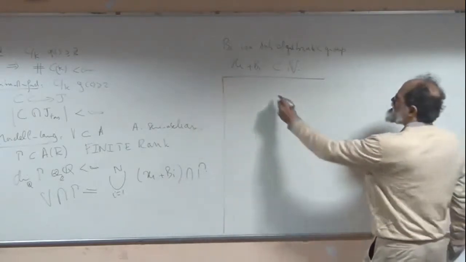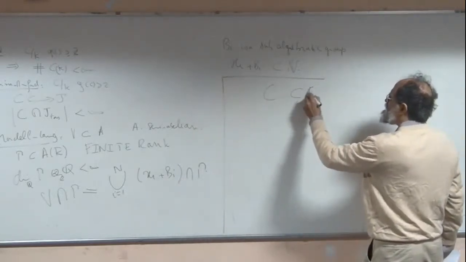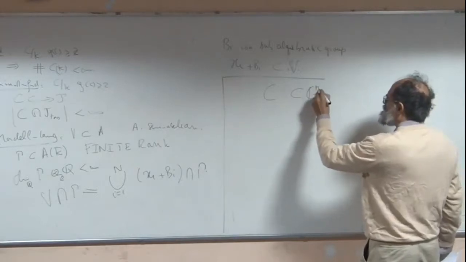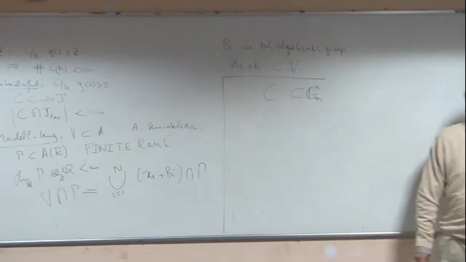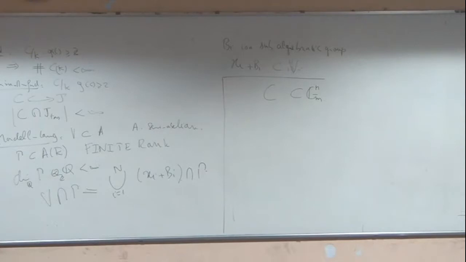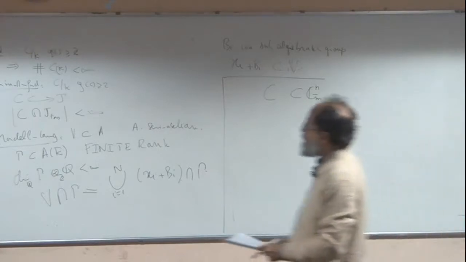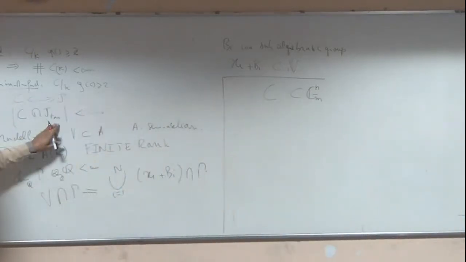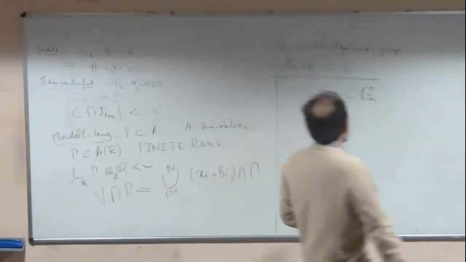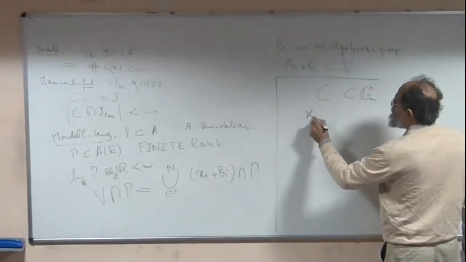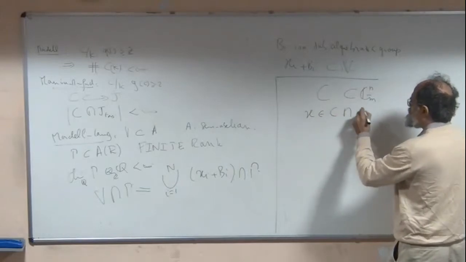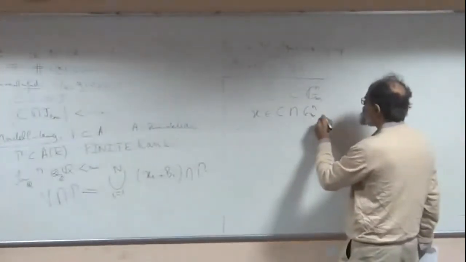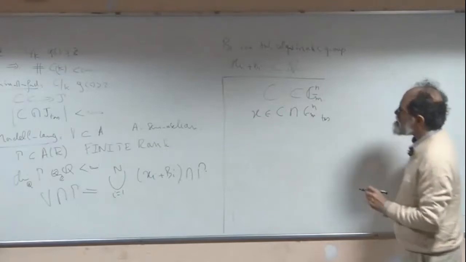So I take just a curve C. I assume that it's sitting in G_m to the n. And I look at what it means to have a torsion point sitting there. Just this situation. So if x is a point of C in G_m^n torsion, what does it mean?